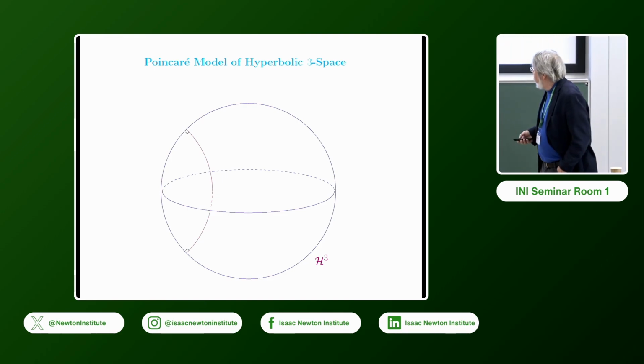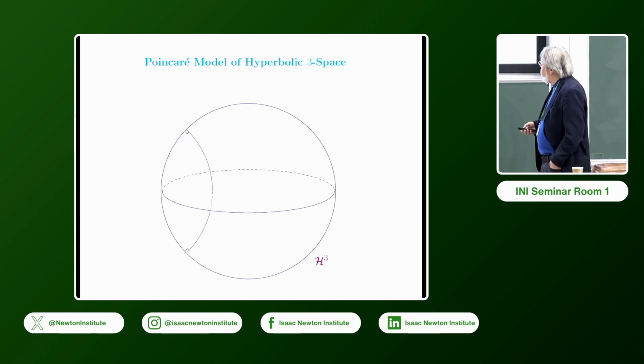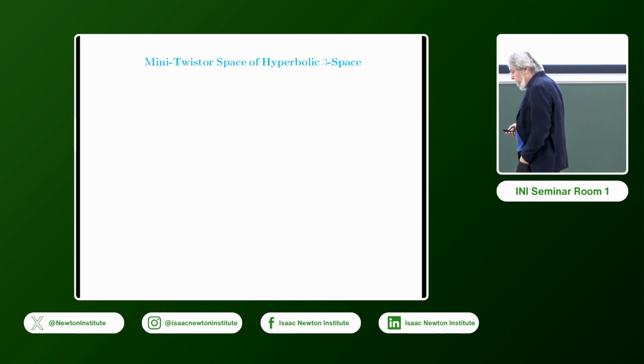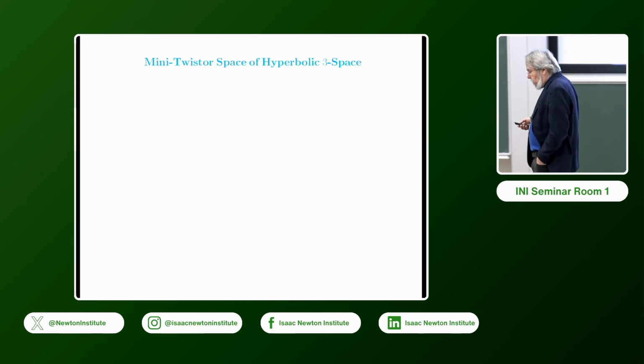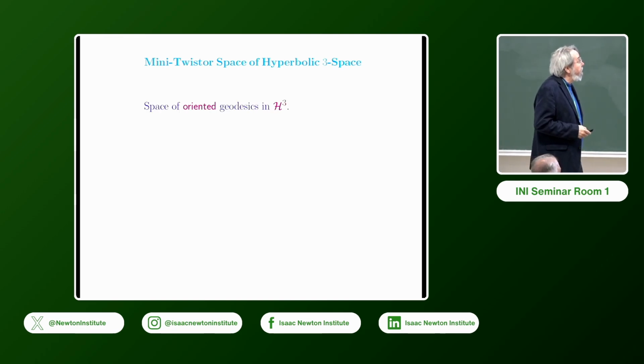And since the metric is a conformal rescaling, angles are the same as they would be in Euclidean space. So there is a beautiful mini twistor space associated with hyperbolic three-space.